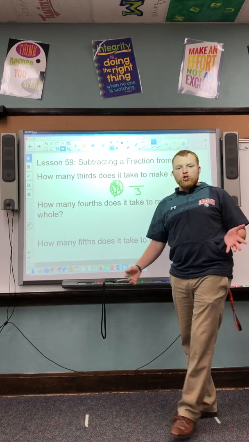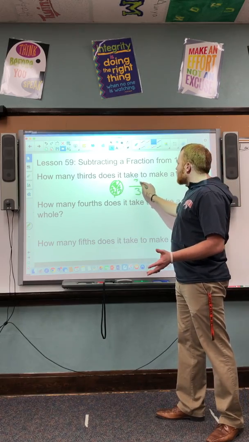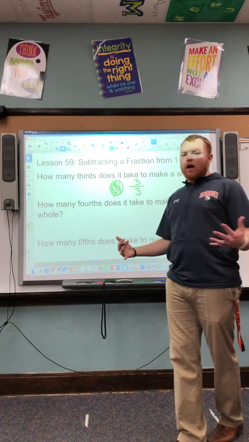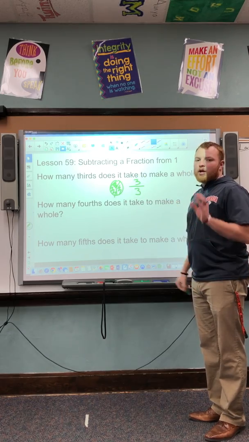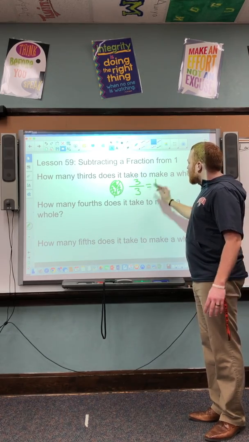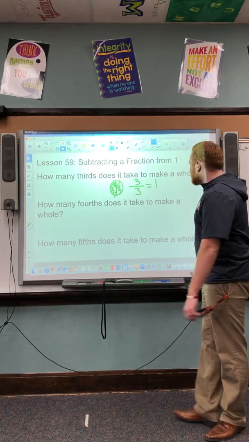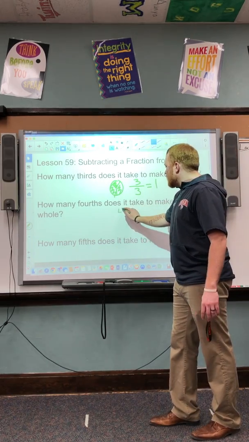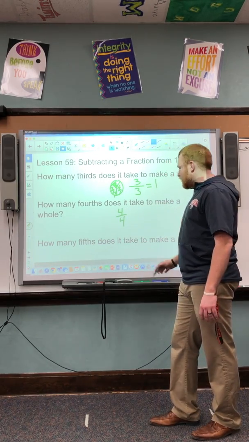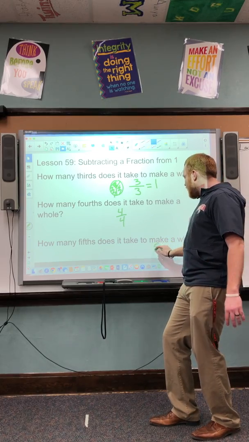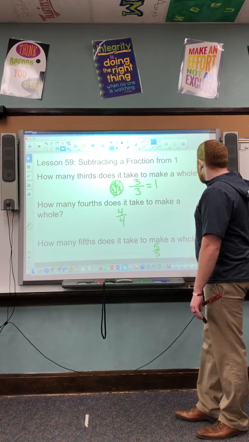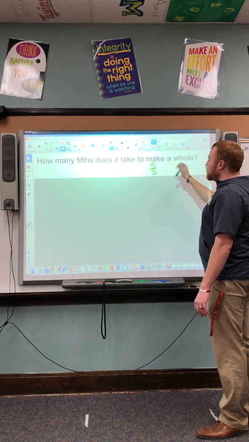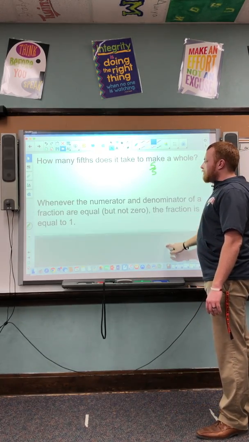How many pieces did she eat? She ate all 3 pieces. She ate all of it. When the numerator and denominator are the same, that equals 1 whole. Just remember that. Same thing with fourths: 4 fourths equal a whole, and 5 fifths equal a whole. So the numerator and denominator are the same.